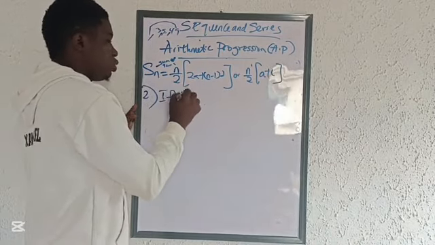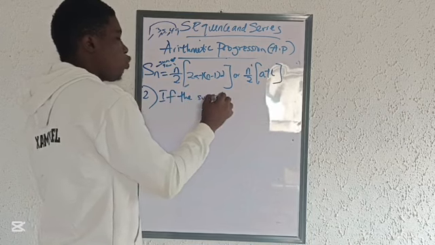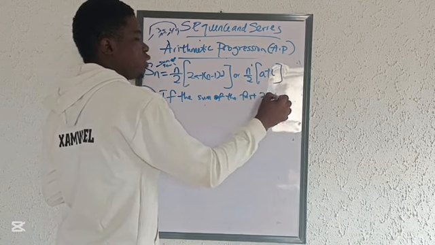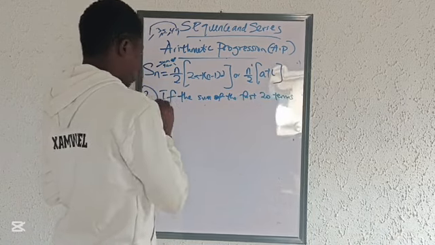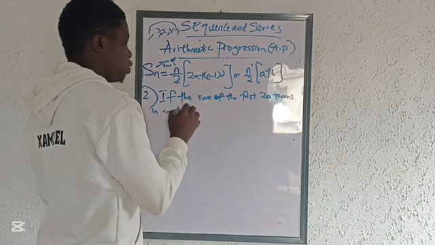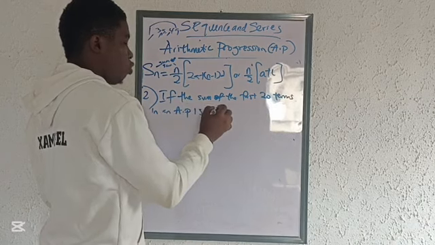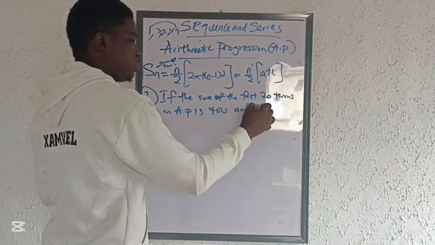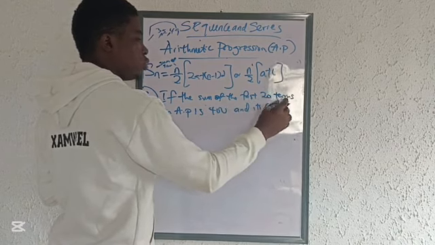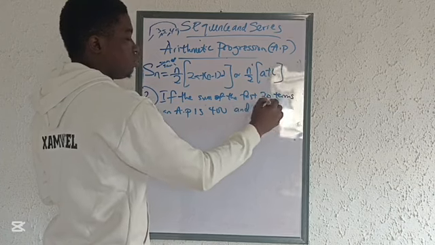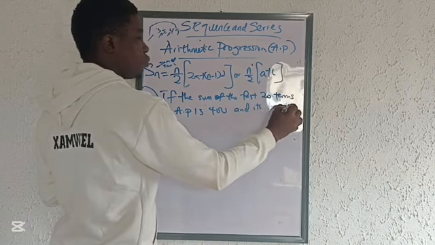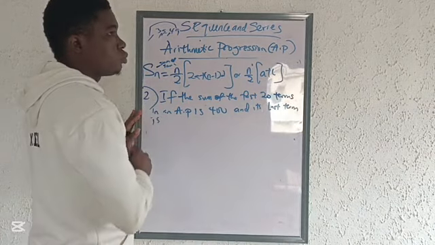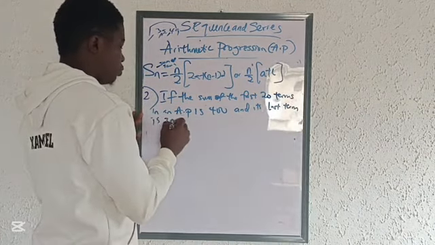If the sum of the first 20 terms in an arithmetic progression is 400, and its last term is 39.